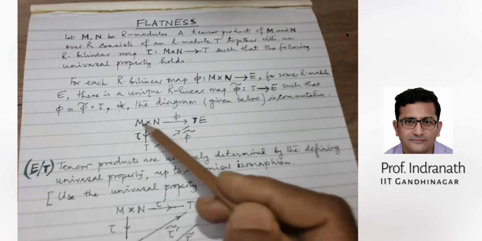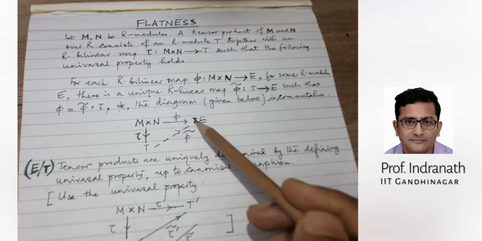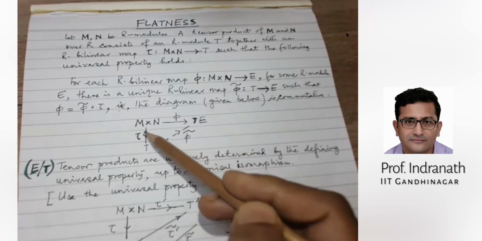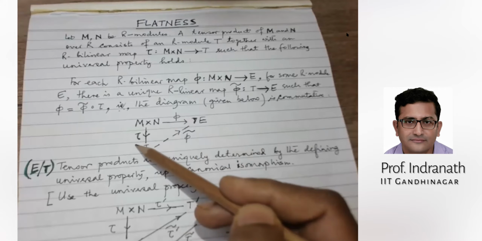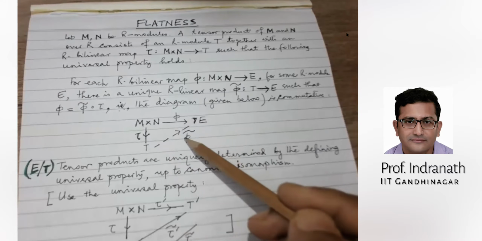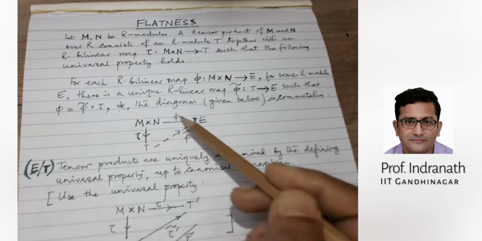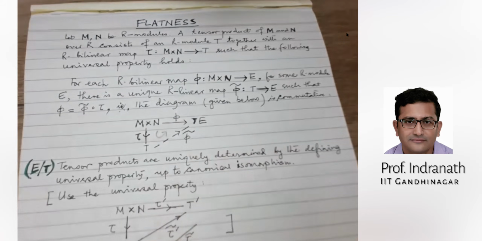That is, if you have any R bilinear map from M cross N to another R module E, then this factors, that means you get a unique R linear map from T to E such that this diagram is commutative, okay?